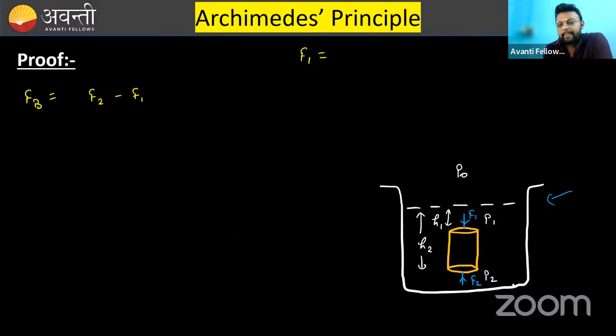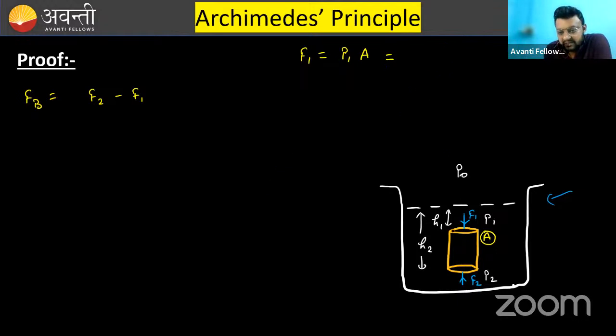F1 is what? Do you remember, let this area be A. Area of cross section is A. So force is equal to pressure into area. Is it clear? Force is equal to pressure into area. You know that, na? Now, pressure is what?